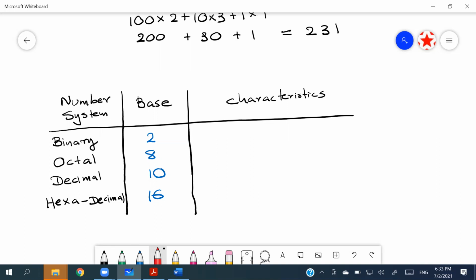But when we are writing a particular value in the decimal number system, we use only 10 different characters to represent that particular number, right? 10 different characters means you can repeat the characters. It doesn't matter. But if you search for the different characters inside that value, the maximum that you can find is 10 different characters, right?